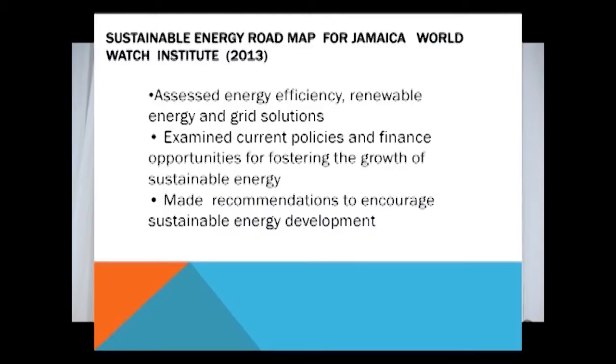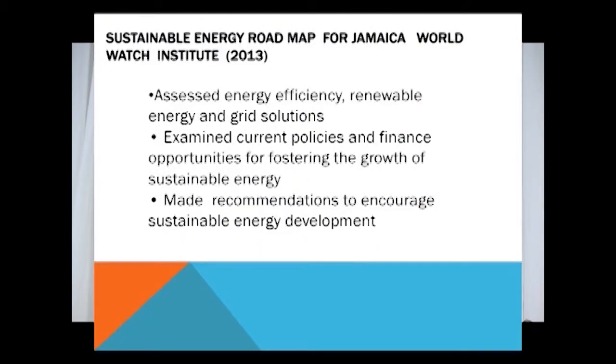Then there was the Sustainable Energy Roadmap for Jamaica done by World Watch Institute in 2013. And this important roadmap assessed energy efficiency, grid stability, and a number of other areas such as a fiscal space for making this happen. In fact, World Watch Institute proposed that Jamaica could meet 90% of its electricity needs from renewable energy.